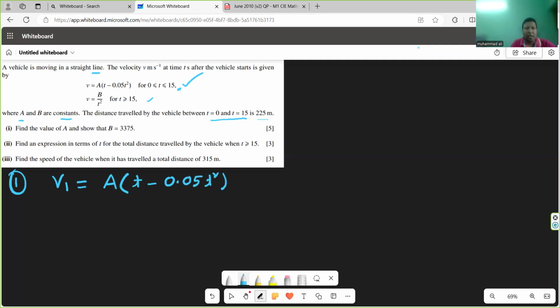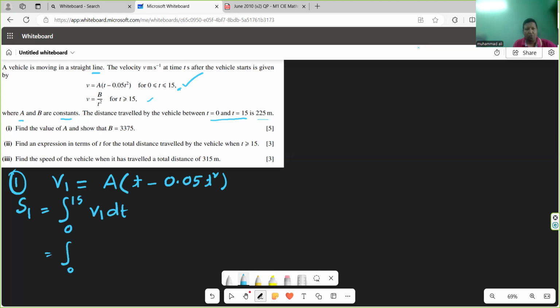Keep in mind the interval is t greater than or equal to 0 and less than or equal to 15. From velocity, if you want to find the displacement or distance, s1 equals the integration with 0 as the lower limit and 15 as the upper limit, of v1 dt.